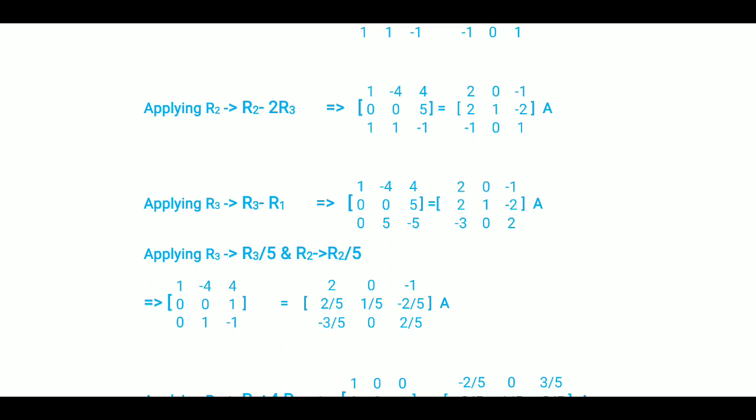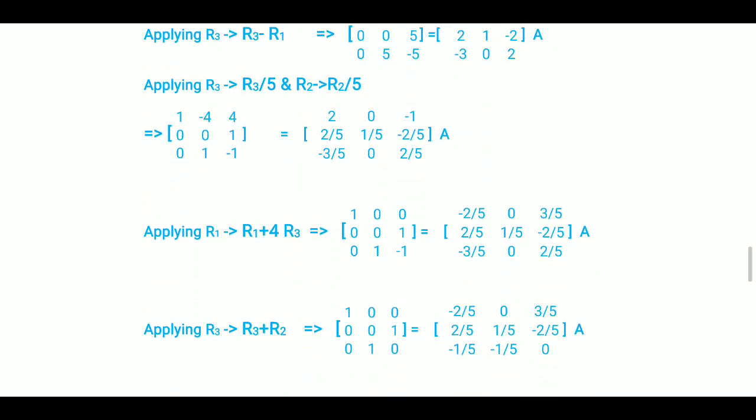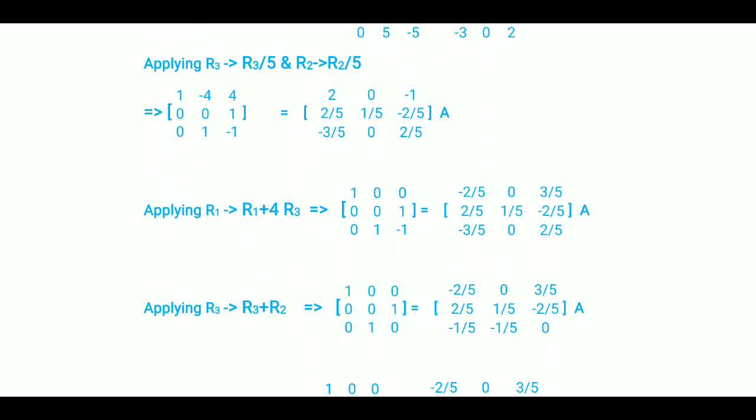A similar change on the right hand side: 2 0 minus 1, 2 by 5, 1 by 5, minus 2 by 5, minus 3 by 5, 0 by 5, 2 by 5. Thus we get such a matrix.